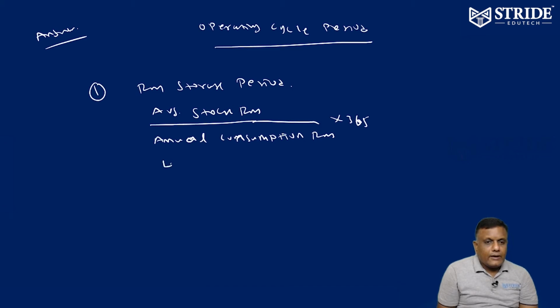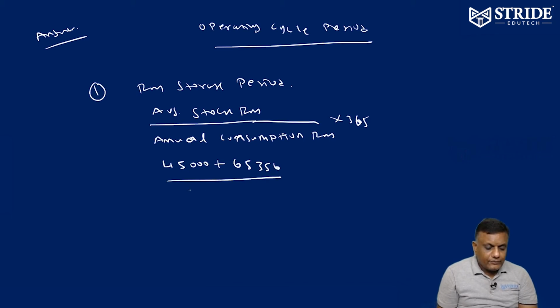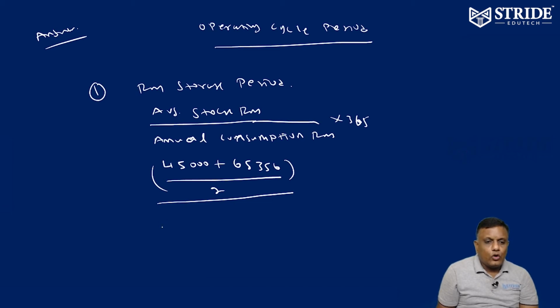Average stock of raw material: opening raw material 45,000, closing raw material 65,356, divided by 2. Annual consumption of raw material is equivalent to opening stock plus purchase minus closing raw material.